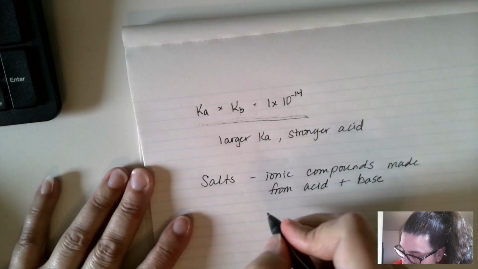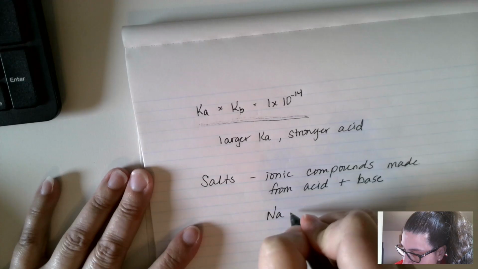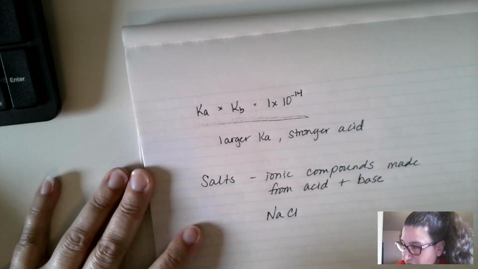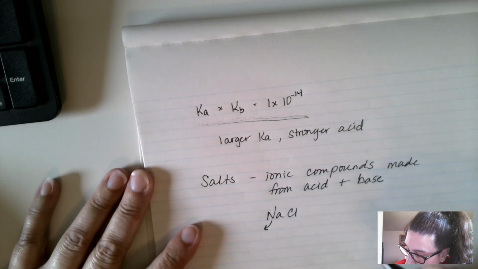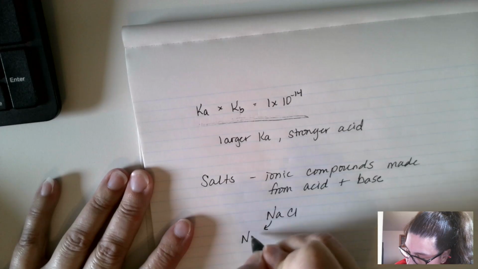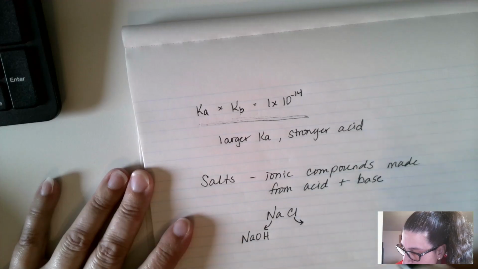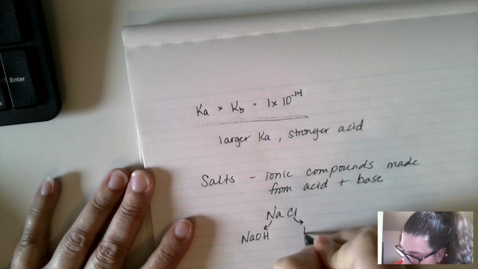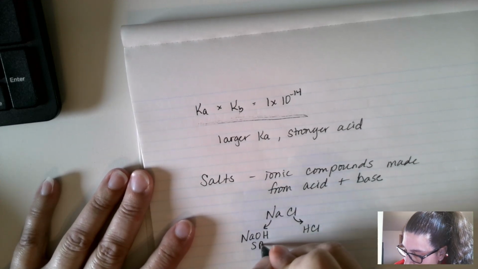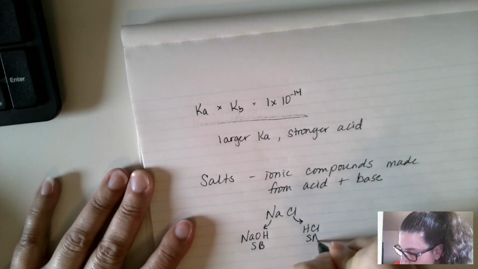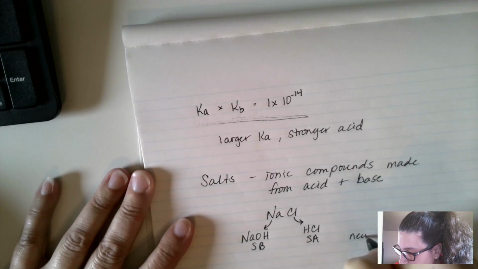So let's say that I have something like NaCl. If we take the first part, Na, and we put it with OH, and then we take the second part of our salt and we put it with H, NaOH is a strong base, HCl is a strong acid, so this salt is likely to be neutral.